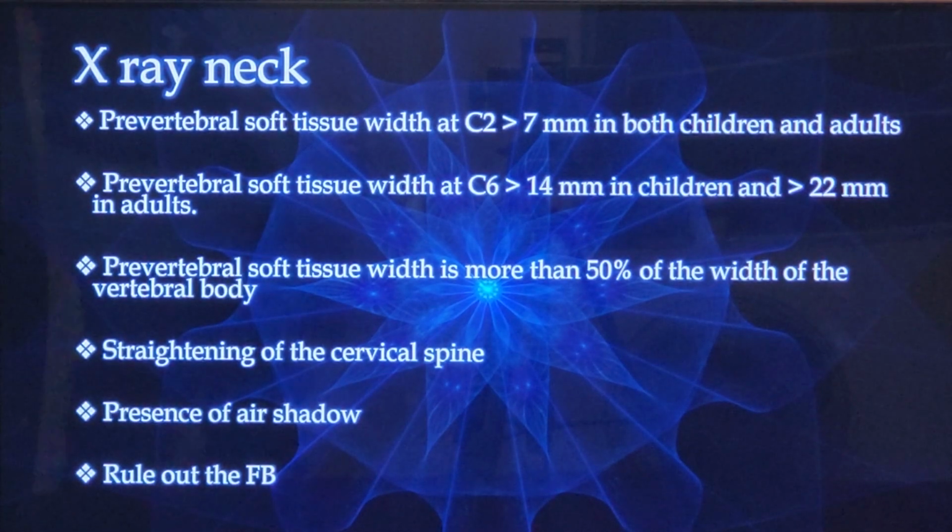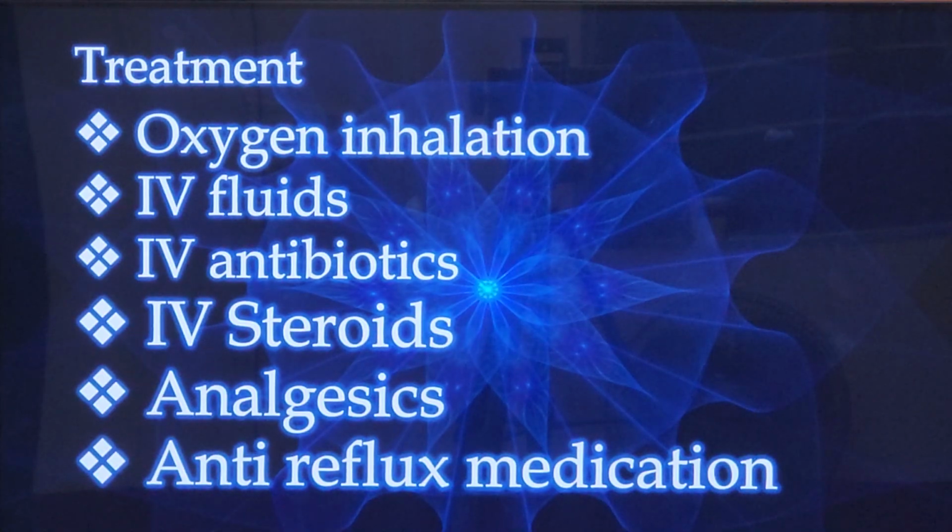Not only that, along with this, the vertebral spine will be straightened up. Usually it is not. There may be presence of an air shadow, and in adults, if the cause is a foreign body, the foreign body may be seen. CBCT also to be done.